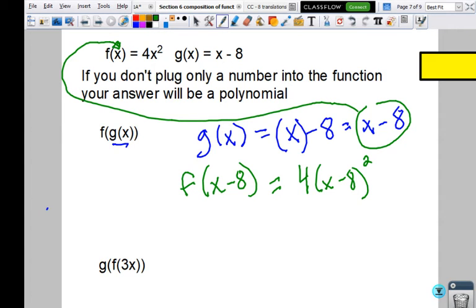And then we have to go through and simplify this. Distribute, yes, but not yet. All right, Devin, what do I do if I have a squared with a parenthesis like this?